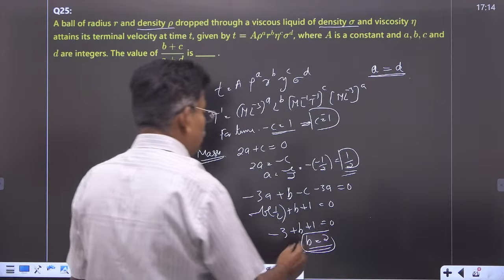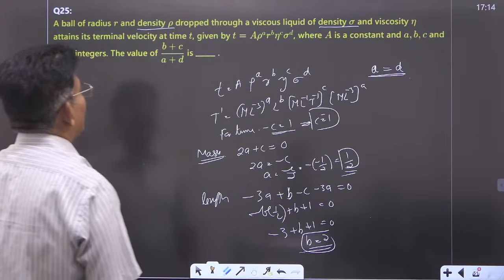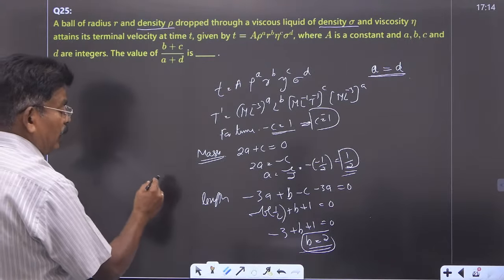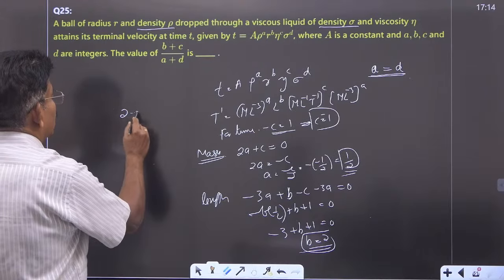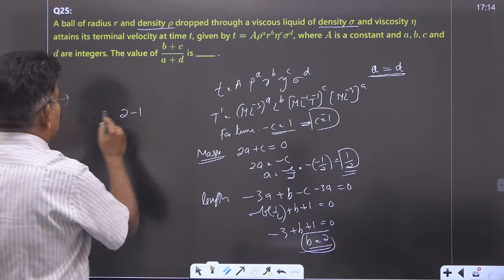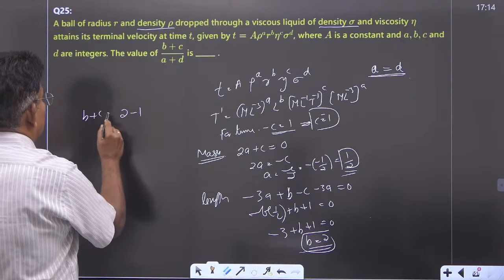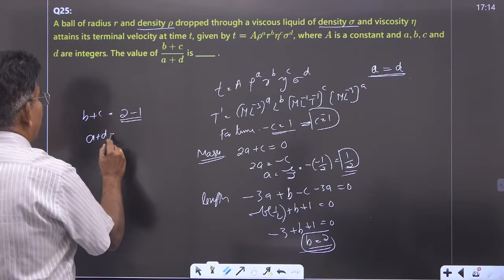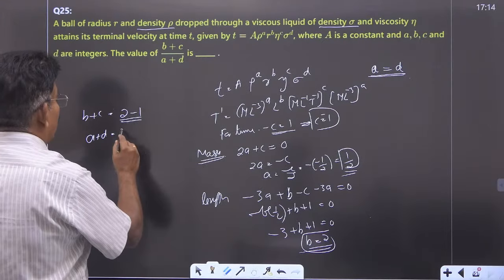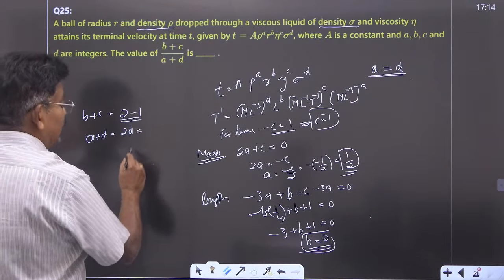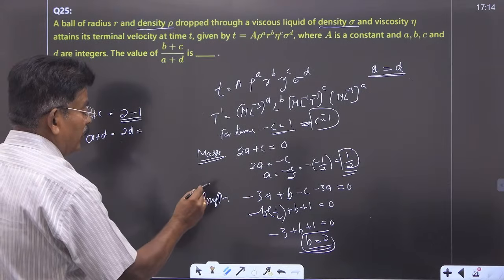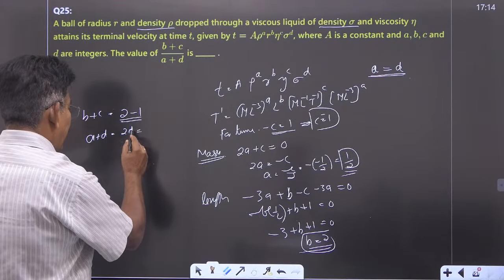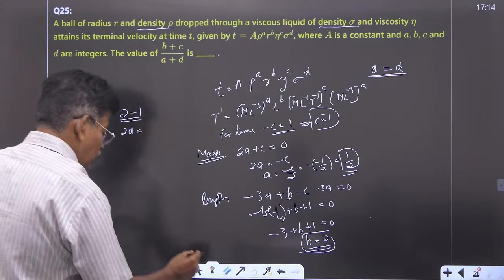Only 3 variables here, A, B, C. Now what do you have to calculate? B plus C. What is B? 2. C is minus 1. B plus C is 2 minus 1, which is 1. A plus D. A and D are equal. A plus D is 2A, or 2D.